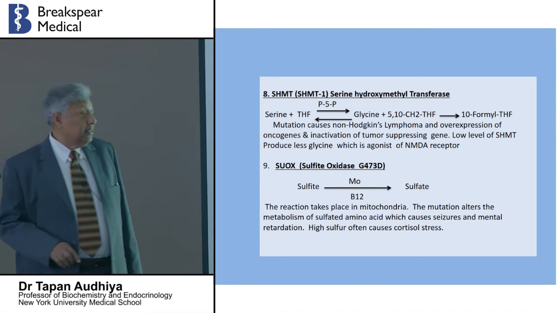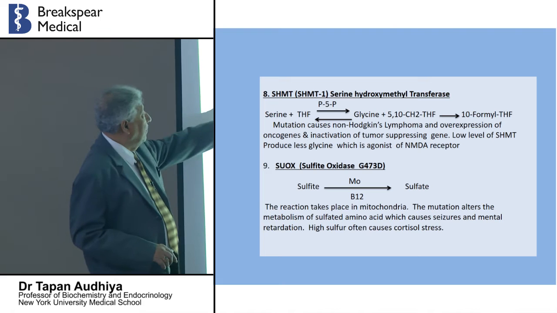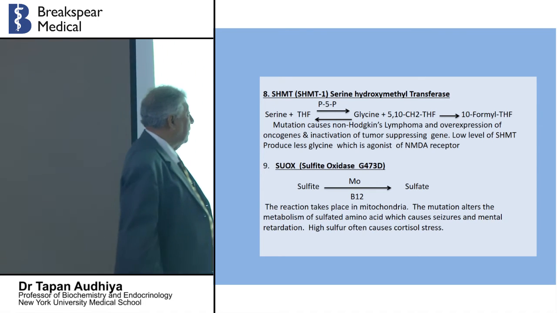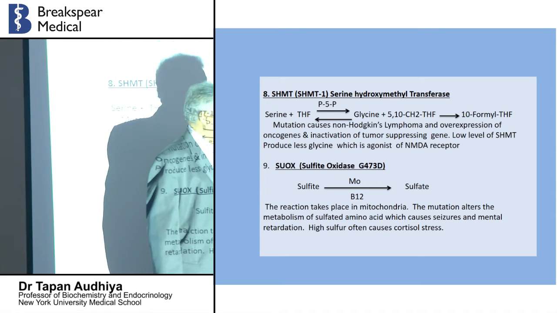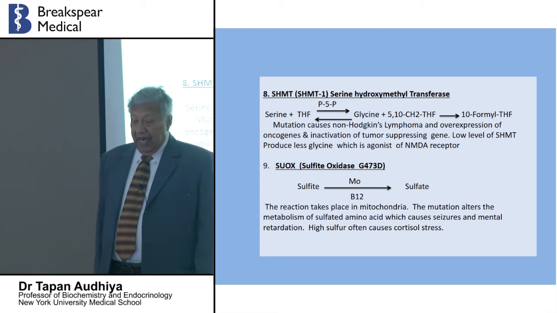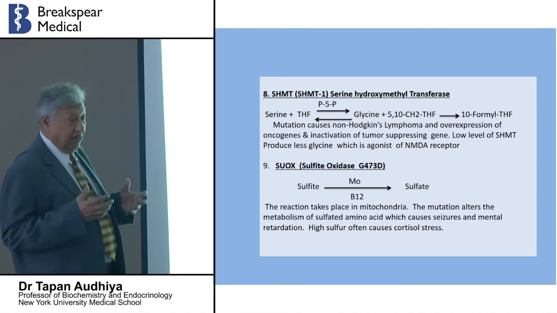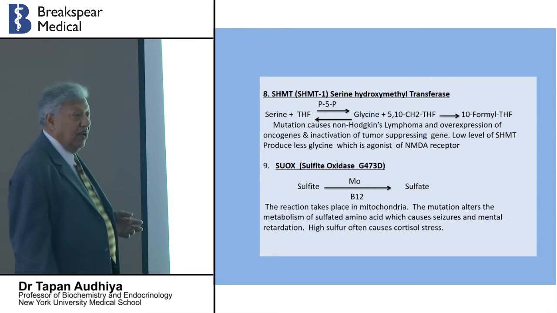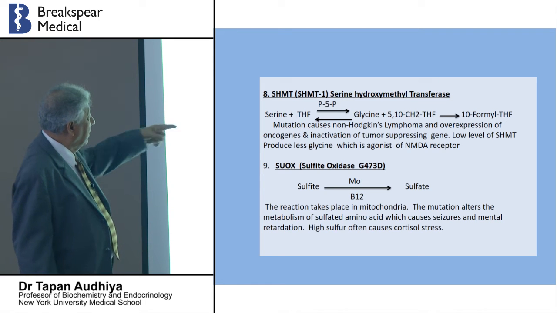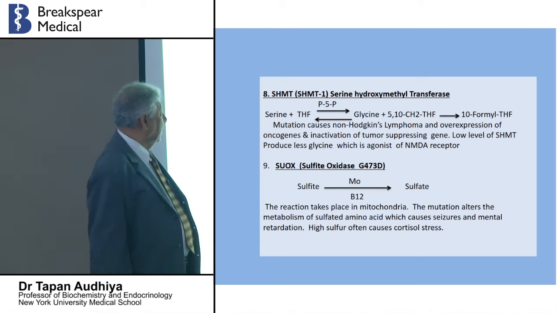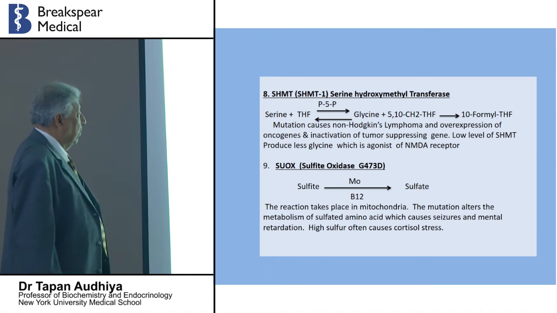Okay. Now this is an enzyme, SHMT, which is serine hydroxymethyltransferase. This is the one which makes this most toxic product, 10-formyl tetrahydrofolate. I mean, this is a chemical substance that in a normal body doesn't matter, it actually converts. But the serine with the tetrahydrofolate, with the help of P5P, makes the glycine and tetrahydrofolate.